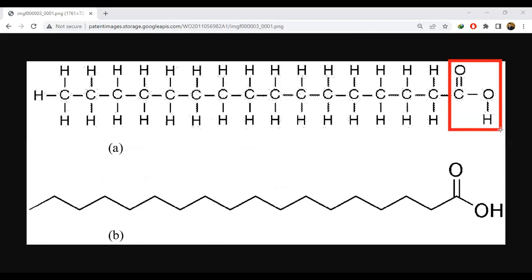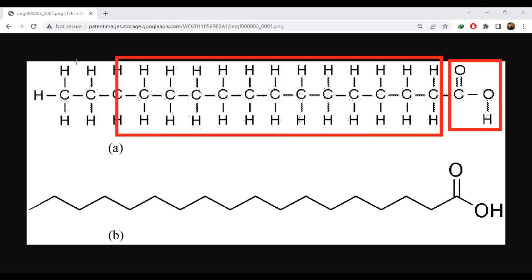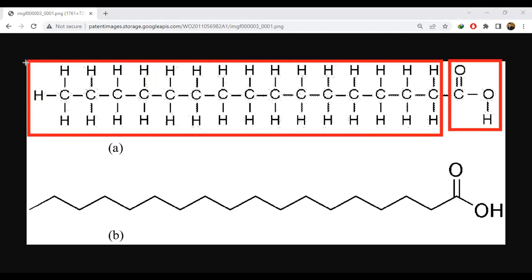What kind of group? Carboxyl group. It's an acid group. It's a polar group. At the same time, the rest is a hydrocarbon chain.